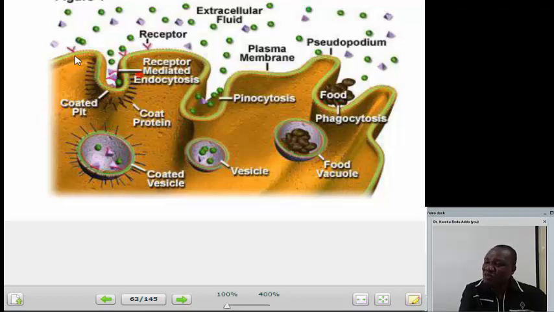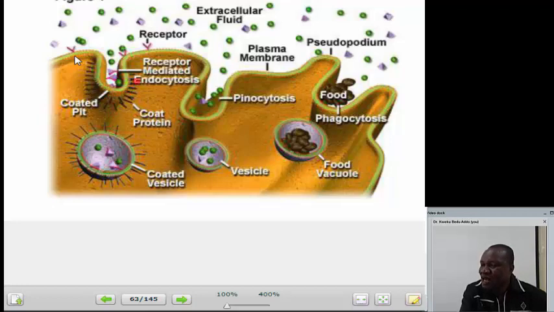Then we have what we call the receptor-mediated endocytosis. Now, this particular method occurs in special regions in the membrane called coated pits. Now, this is a coated pit. Pinocytosis and phagocytosis do not take place in coated pits.